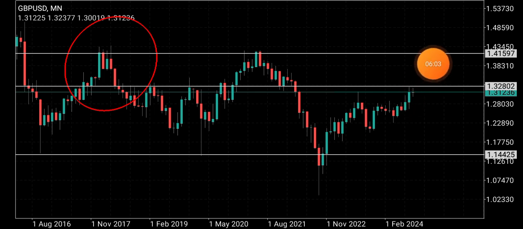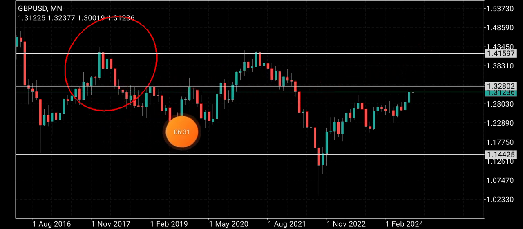Otherwise, it will keep going up back to this resistance zone here, resistance zone of 1.41597. Is it that price gets here and goes down and then maybe ends up breaking this, or it continues with this higher high, higher low, and then it goes up to retest this.